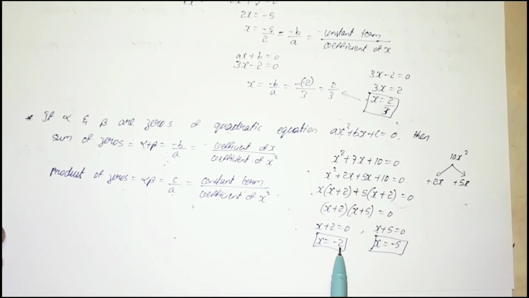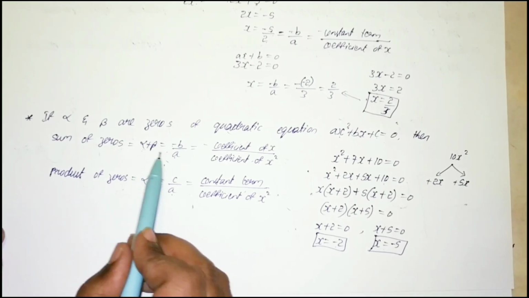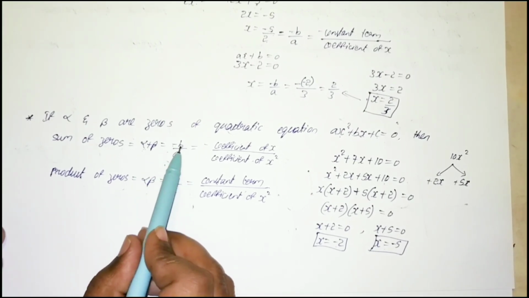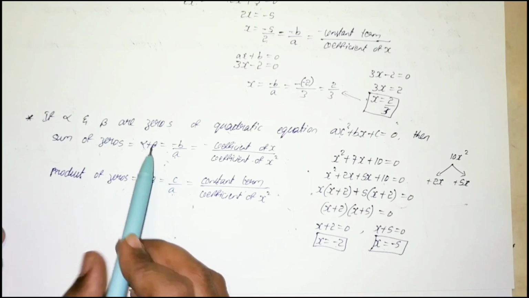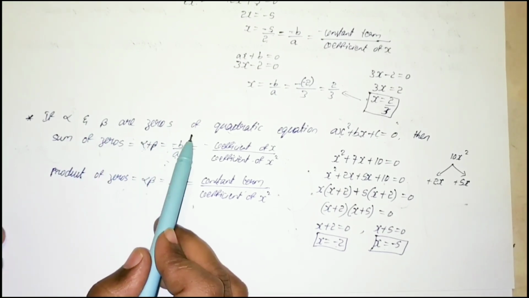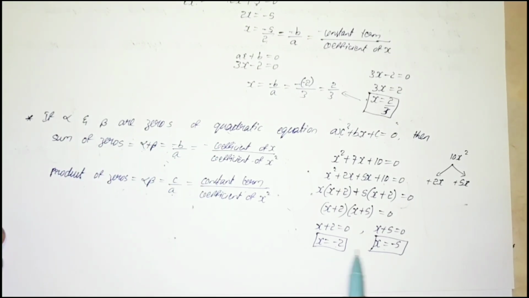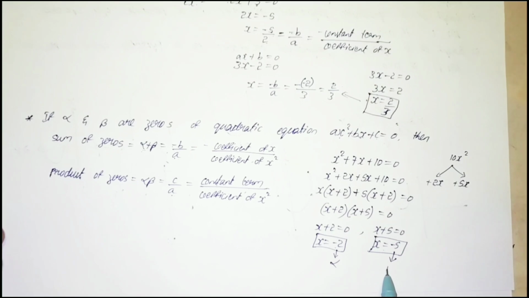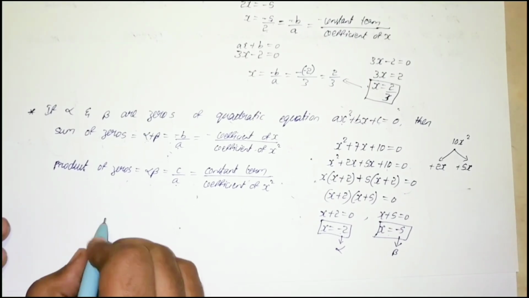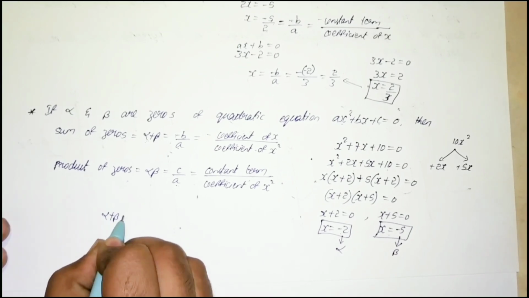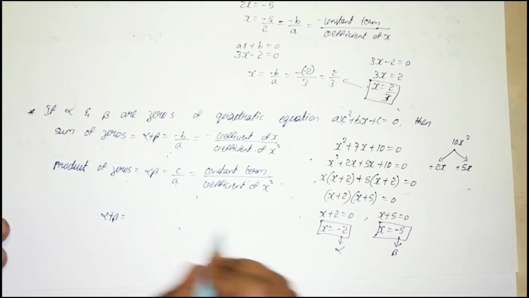If we add these two zeros, then that value will be equal to minus b by a. Here alpha and beta are the zeros of the polynomial, meaning the values which we got here. This value we call alpha, and this value we consider as beta. Now we'll add these two. Alpha plus beta, nothing but the sum of zeros. What is alpha here?